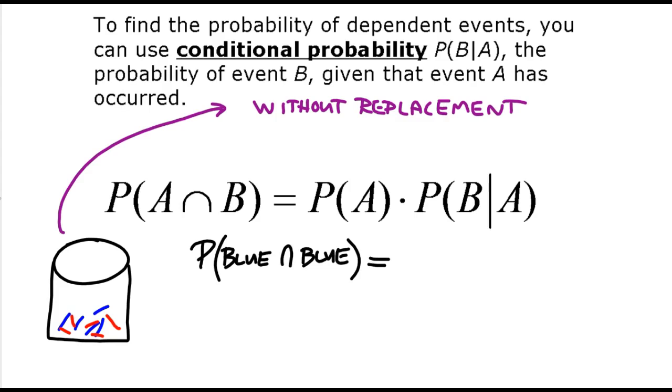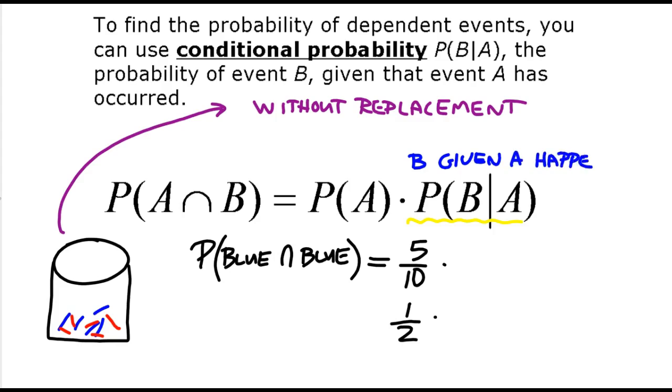The probability of blue is going to be 5/10, which is 1/2, right? So it's still 1/2 times, now this second part right here, this B and then the vertical line A, what that means is the probability of B given A happened.